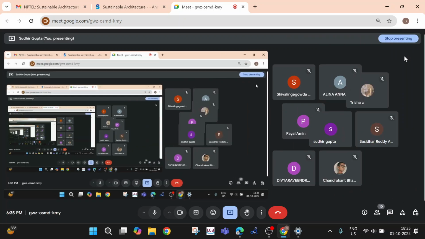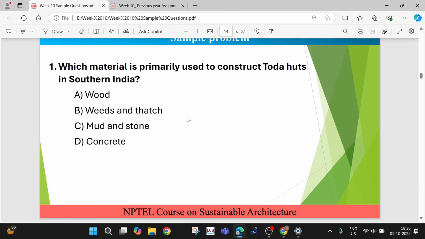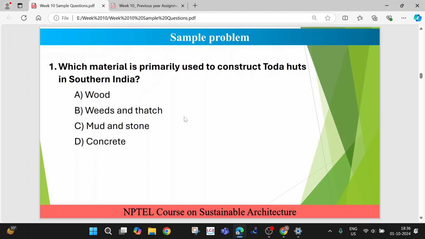I am again showing you the question. Try to read it carefully and then give your final answer. Then we will move to the next question after discussing this one. Which material is primarily used in the construction of Toda huts in southern India?